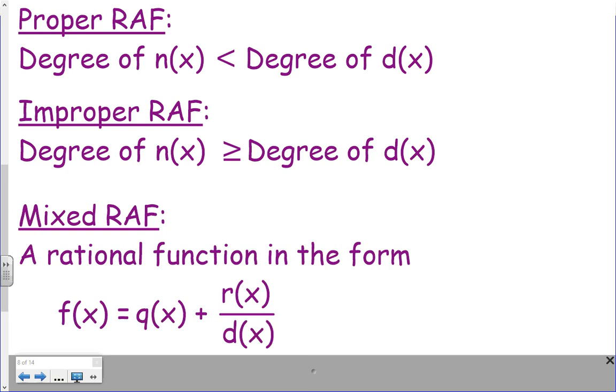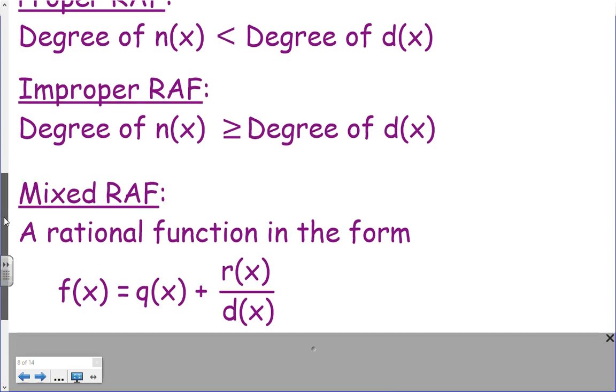And a mixed rational algebraic fraction is a rational function that's in this form. You've simplified it to rewrite it as f of x is equal to some quotient, q of x. That's going to be a polynomial, but it's q of x plus, and then it's some remainder, so we'll call that r of x over d of x. If you can take your rational function and write it in this form, it's now a mixed rational algebraic fraction.